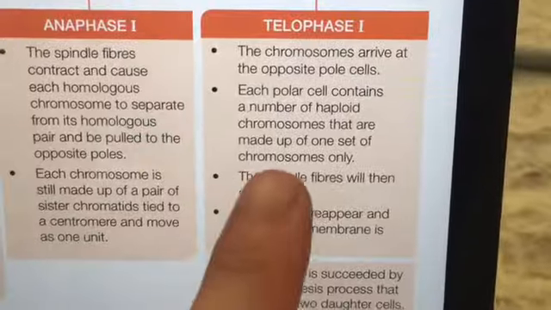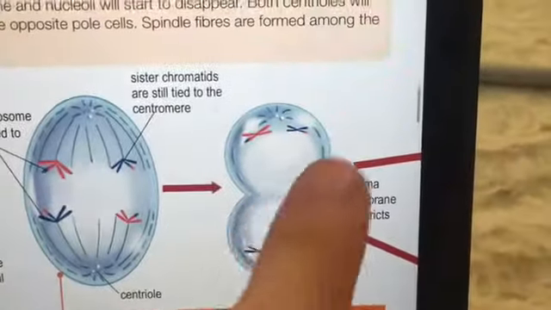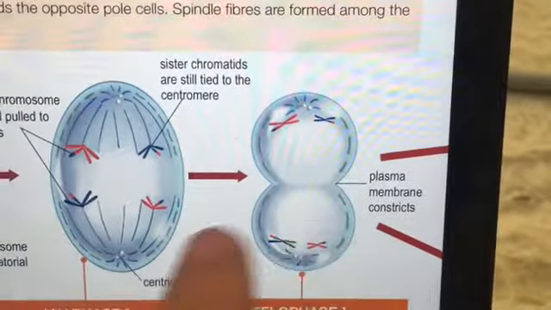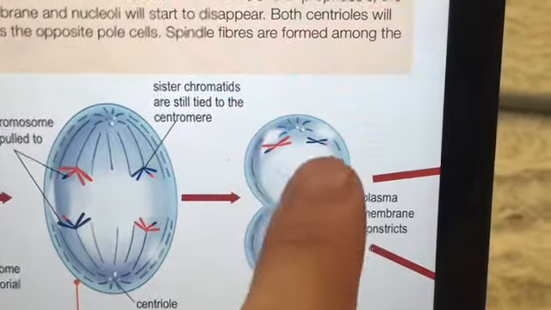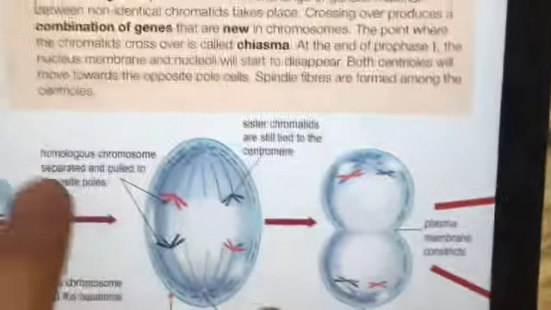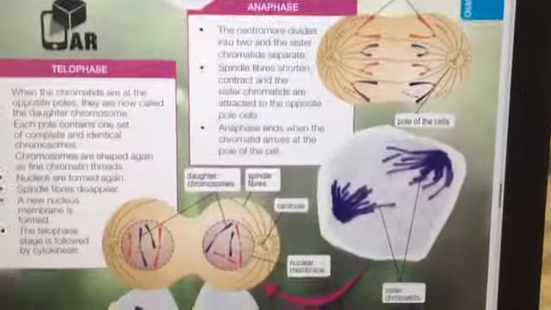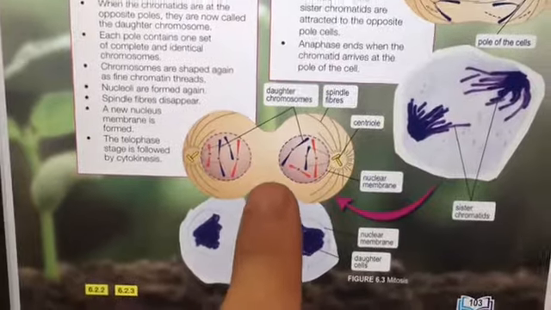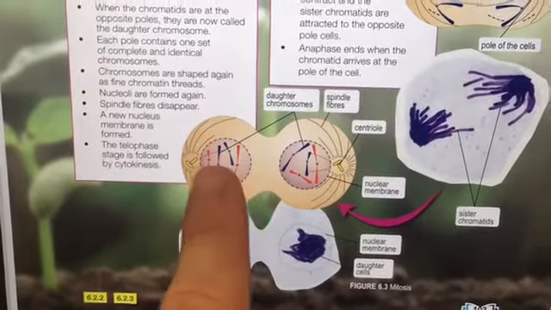Okay, what it means by one set is that for each polar cell, this one has one set, this one has one set. Whereas if you remember in mitosis, when they separate right here during telophase in mitosis, this one has 1, 2, 3, 4.